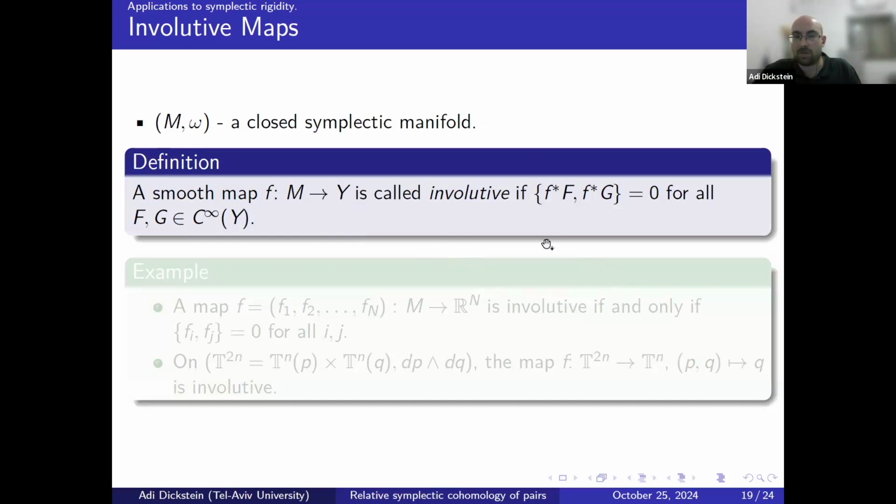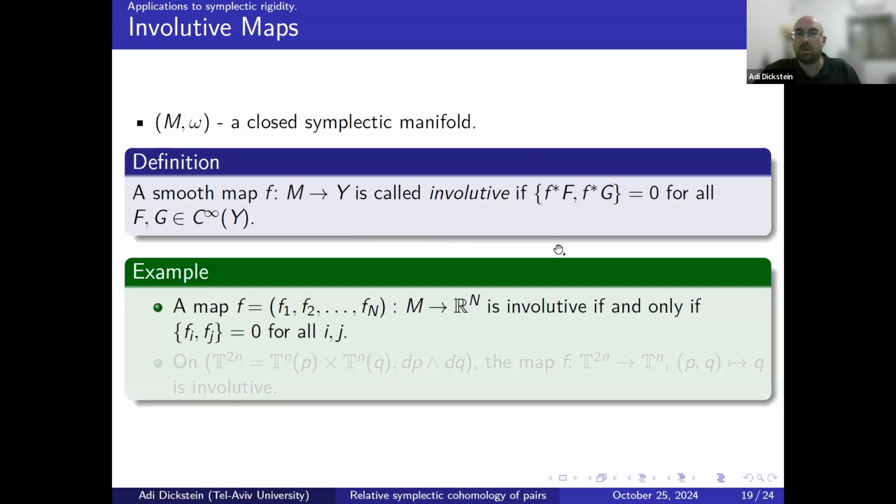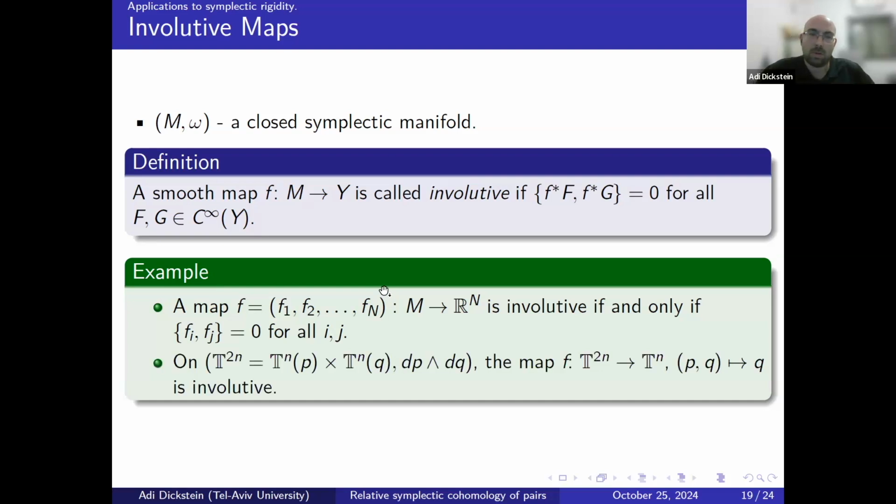Examples for involutive maps could be maps to R^n with Poisson commuting coordinates, or the projection from T^2n to T^n, which is just a Lagrangian fibration. So we get here also an involutive map.